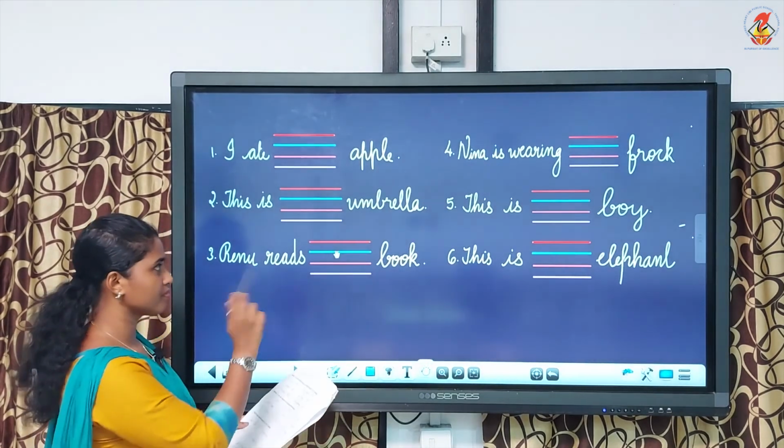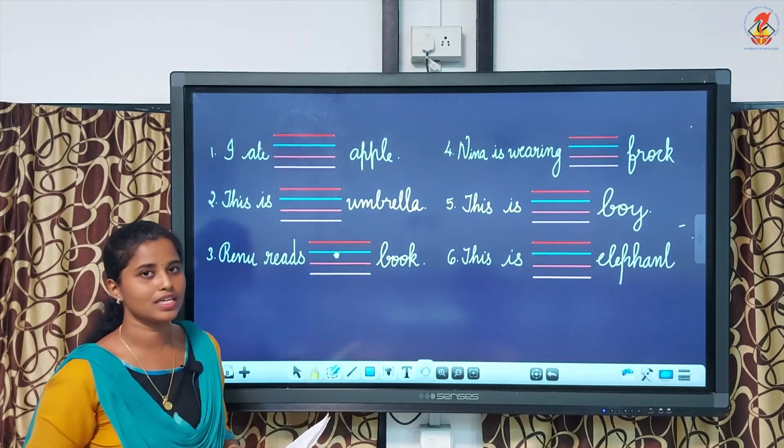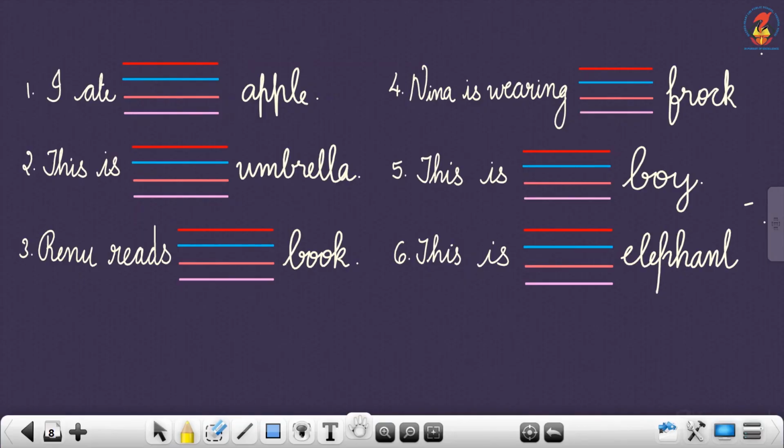Okay, so for you I have given here the answer instead of the picture. So, I ate dash. There you can see a picture of an apple. Instead of putting a picture, I have written here apple. Apple is beginning with the letter A and it is a vowel sound.